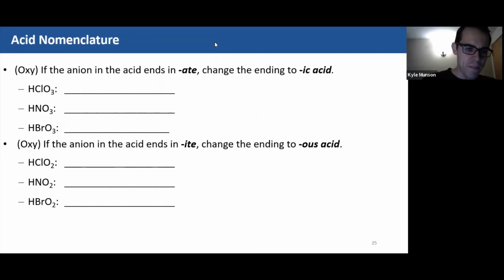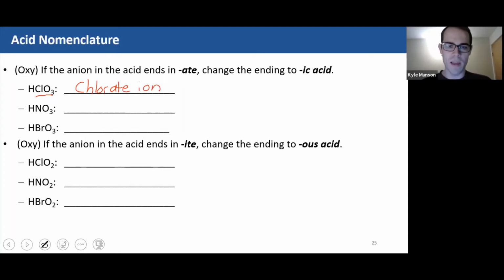So this one, if you go in your chart of polyatomic anions, this is a chlorate ion. And it's just again in that table of polyatomic ions.